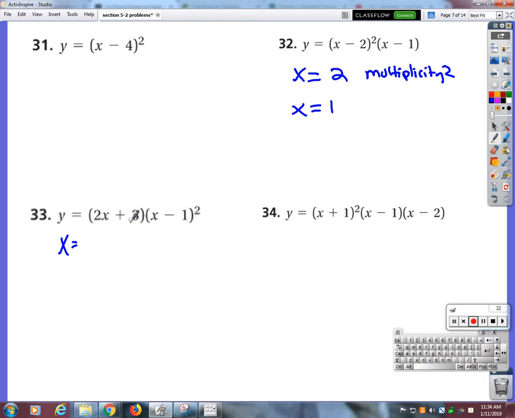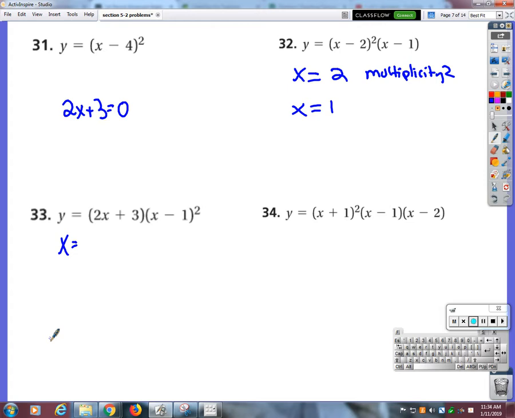Okay, well, if you set that equal to 0 and solve, how would you do it? So I have 2x plus 3 equals 0. What do I do first? That's okay. Trying to get the x by itself, right?